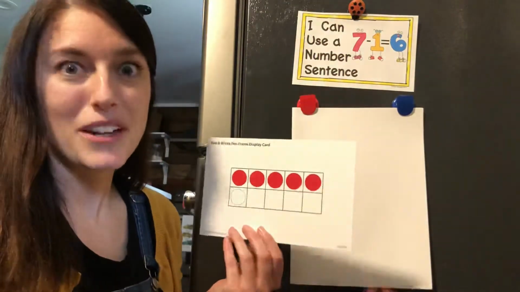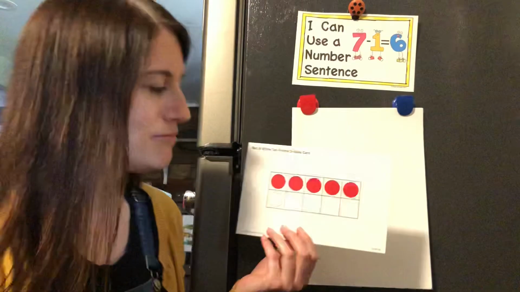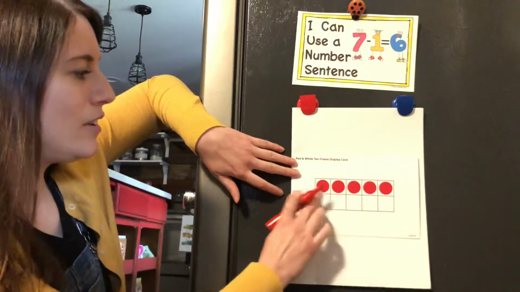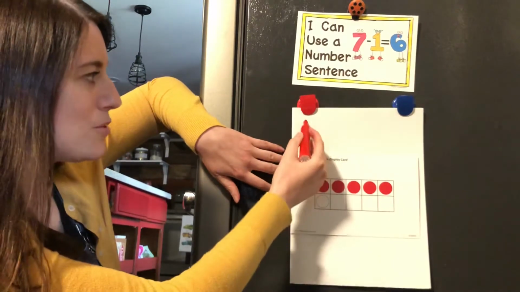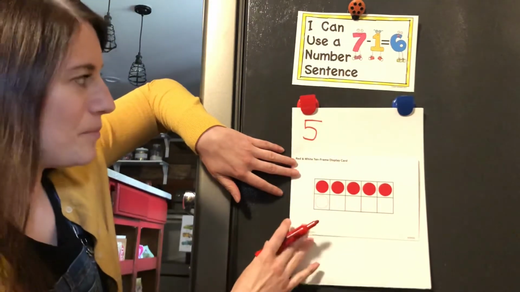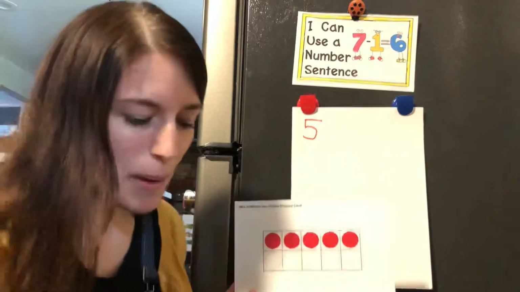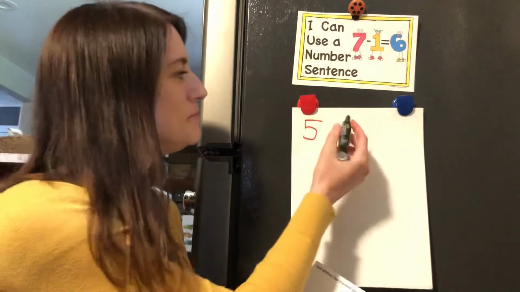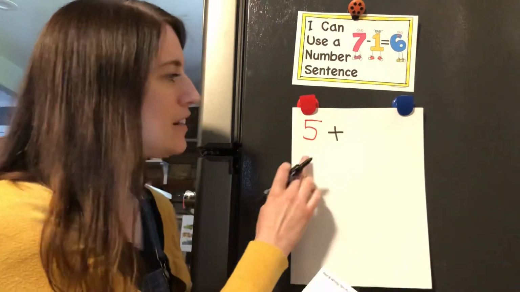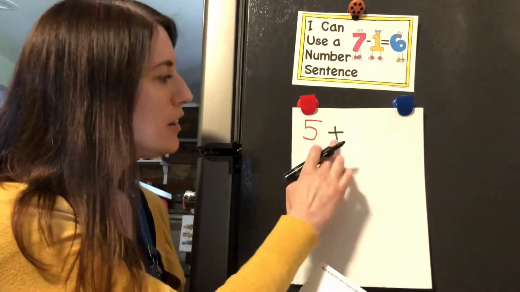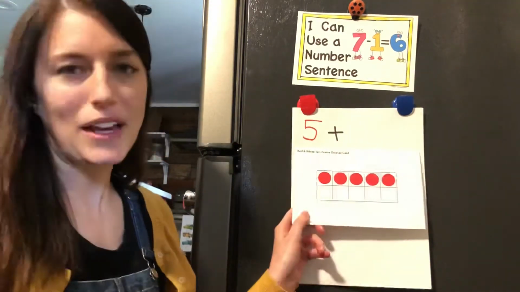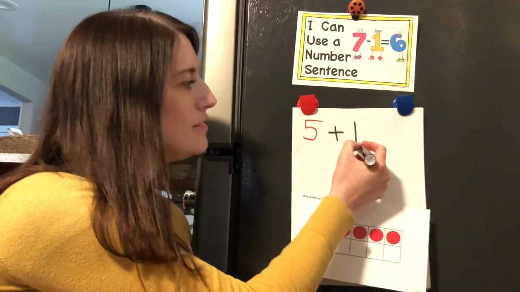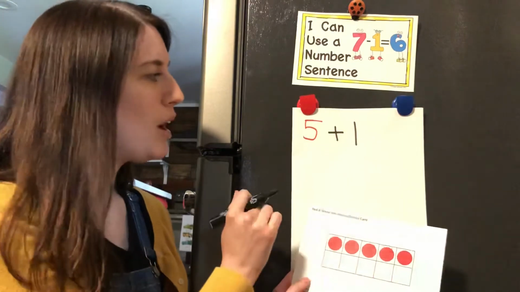Now I'm going to write our equation. First, I'm gonna hold this right here. I have 5 reds, so I'm going to write a 5. Okay. And then, do you remember from that last video, we used that plus symbol? Looks like that. It means and. So 5 plus, and then how many whites are there? I just see 1, so I'm going to write a 1. 5 plus 1.